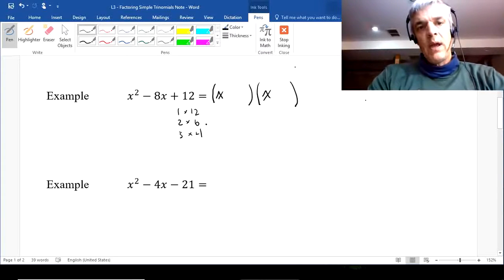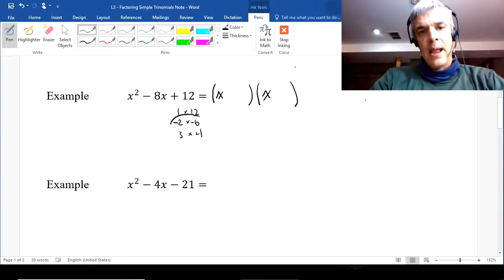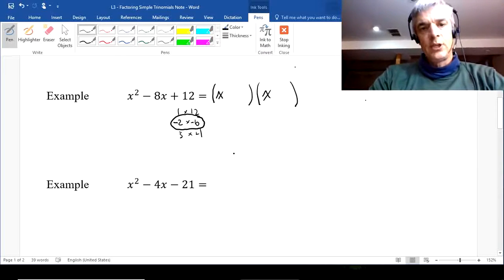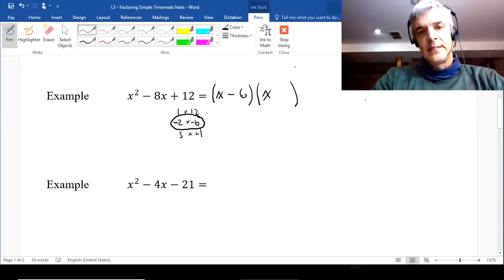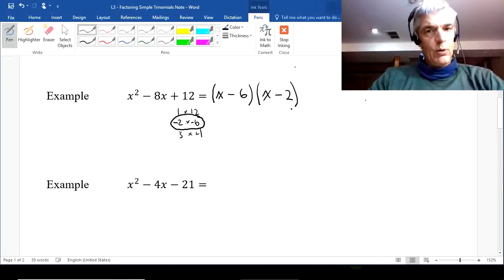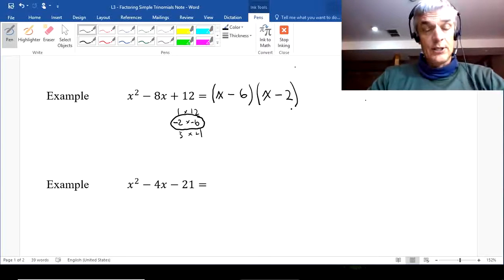Well, the only way that's going to happen is if this one's minus and this one's minus. So it's the same pair as above, but this time I need negative 2 and negative 6. So I usually write minus 6 minus 2, and away I go. I'm set. I now have factored this particular question.